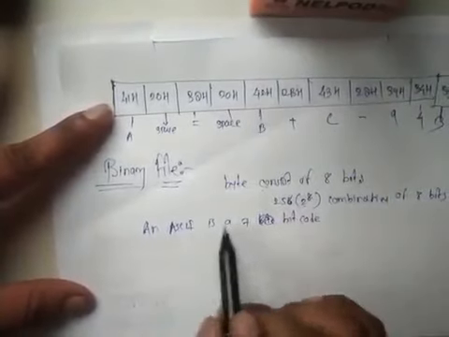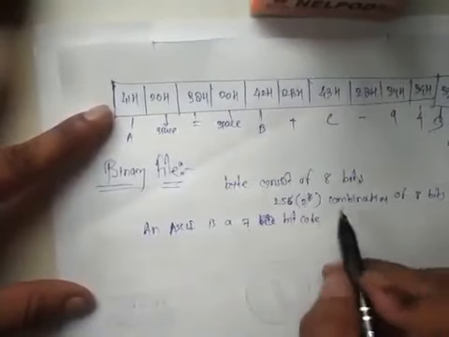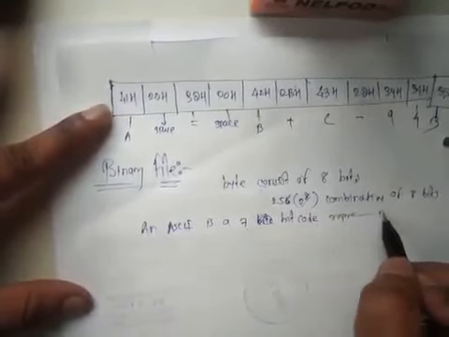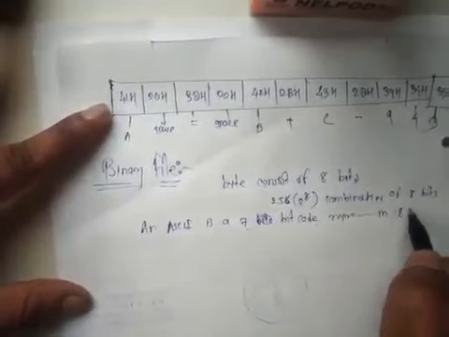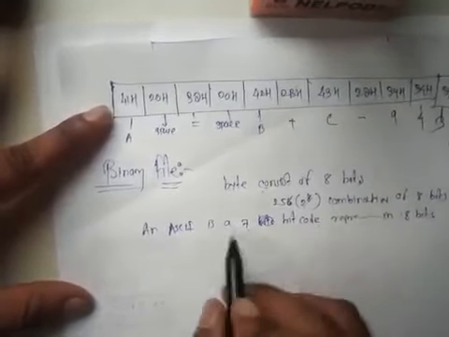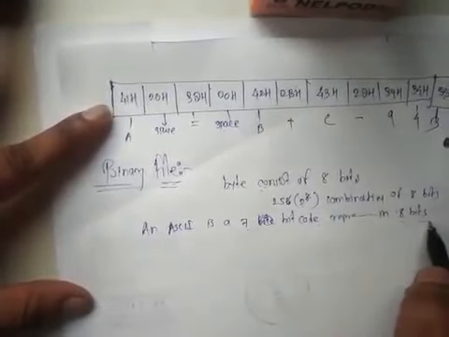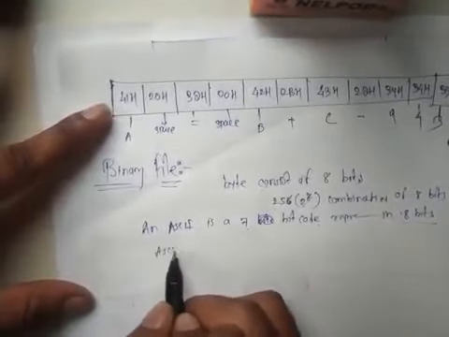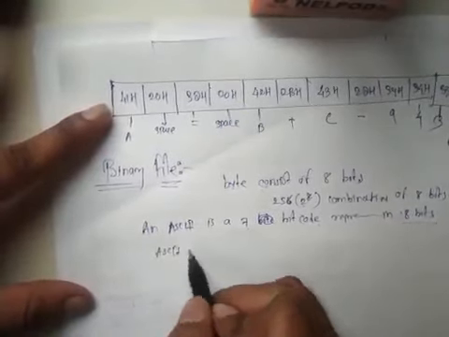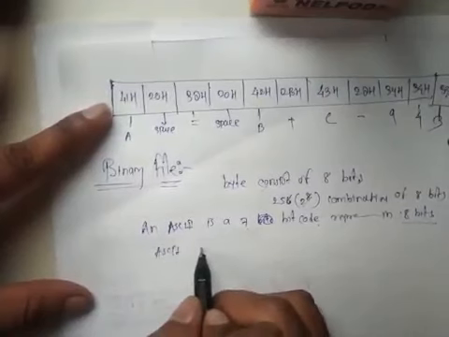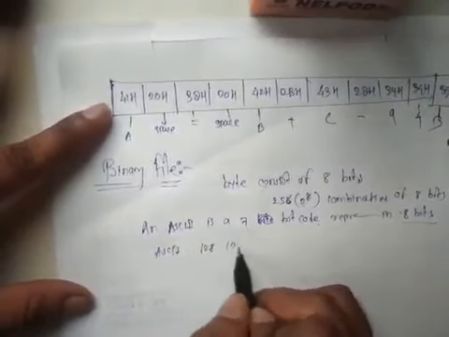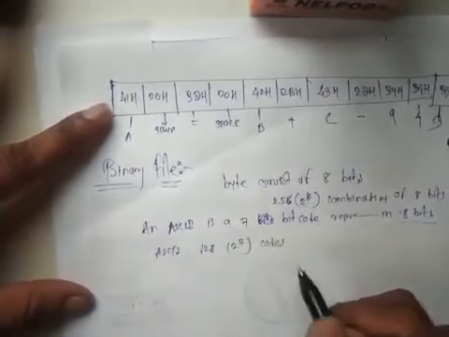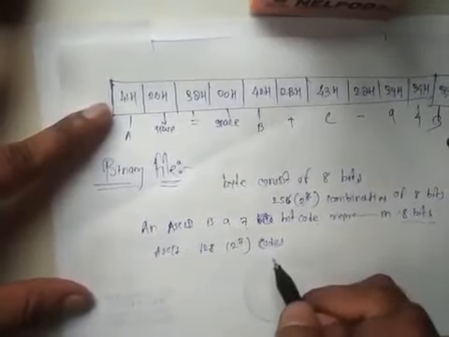Basically ASCII is a 7-bit code represented in 8 bits. So ASCII has a total of 128, that is 2 raised to 7, codes.